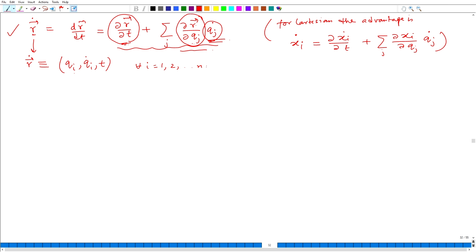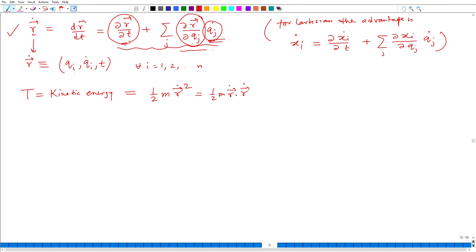Now, I would be interested in calculating two things. The first one is the kinetic energy, which I denote by the symbol T. It will be very important for our incoming formulation. T is half m r dot squared, and actually you can write half m r vector dot r vector dot.